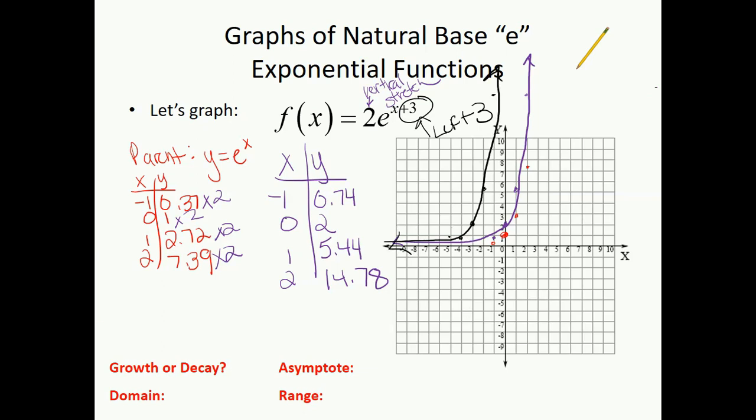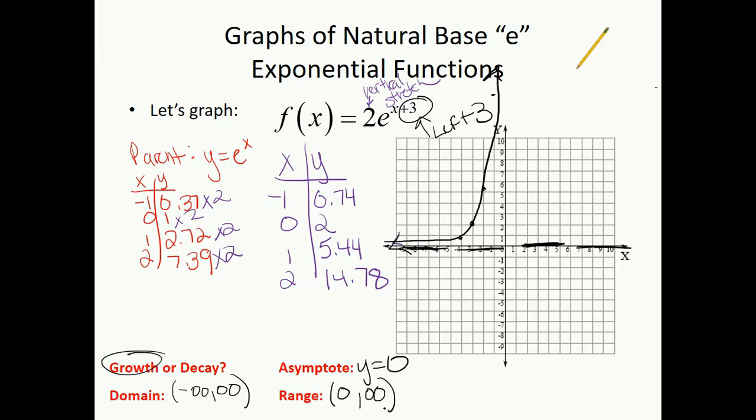So my black line, if I can erase everybody else here, there we go. My black line is my final answer for my graph. So if I look, it is a growth graph. My asymptote didn't move up or down, so it stayed at y equals 0. Domain, left to right, still getting all of the x values. However, my range, I am limited from 0, not touching 0, not including, that's why it's parenthesis, to infinity.